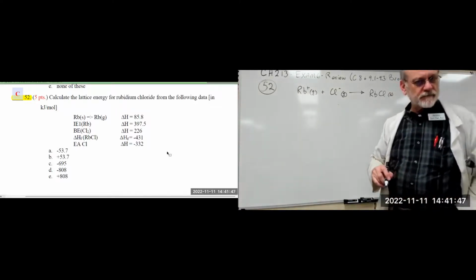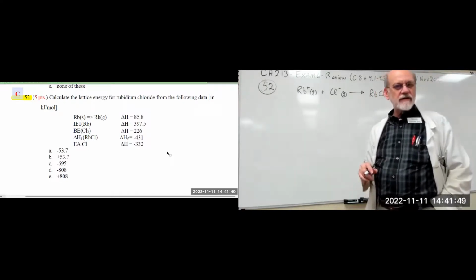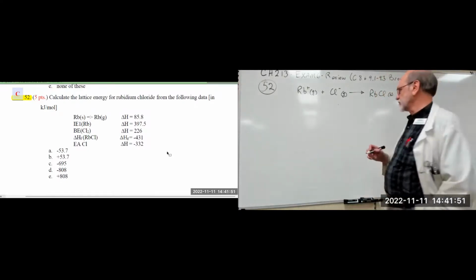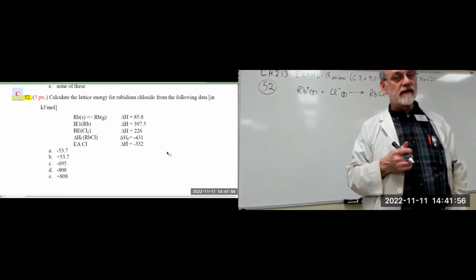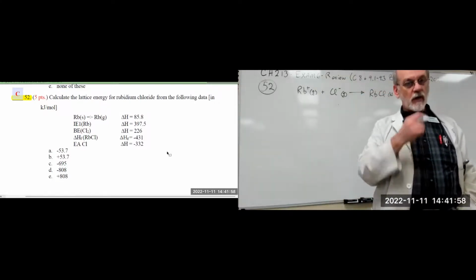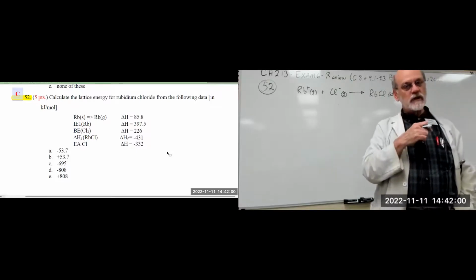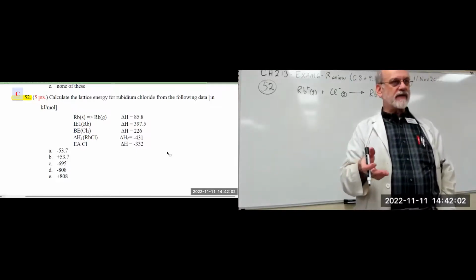So the first one is fairly simple: rubidium solid to rubidium gas. I don't need to go over that one. That takes 85.8 kilojoules per mole to turn a solid into a gas. That's a sublimation energy.